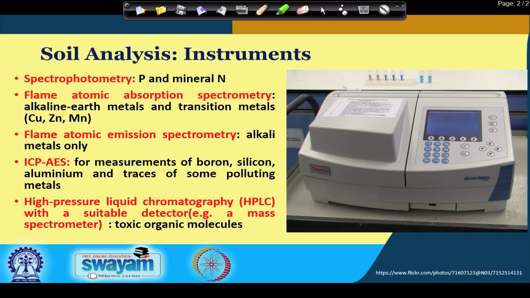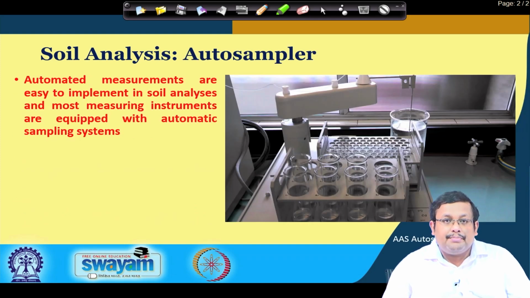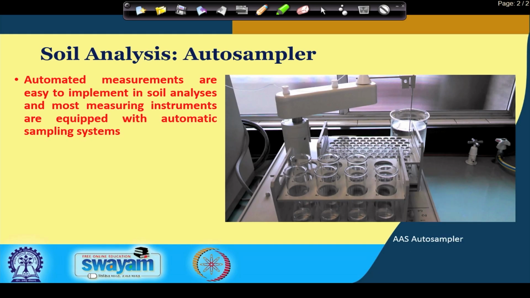And then we talked about some basic instruments like spectrophotometer, flame atomic absorption spectrometry, flame atomic emission spectrometry, ICP-AES, then HPLC, and also HPLC-MS, the mass spectrometer, for measurement of different pollutants. We also talked about the auto sampler, which is required for automated measurements without human intervention.